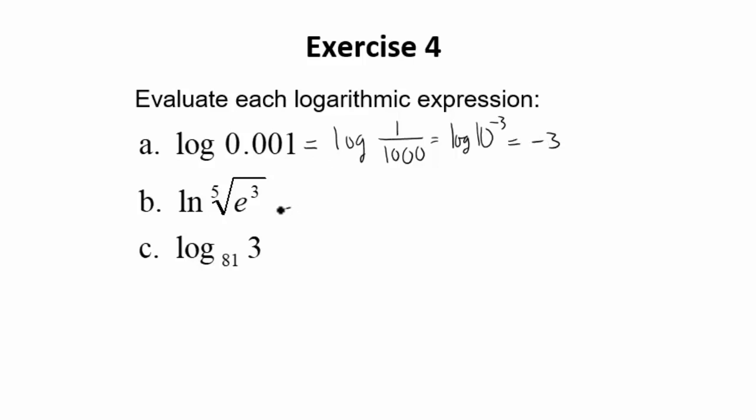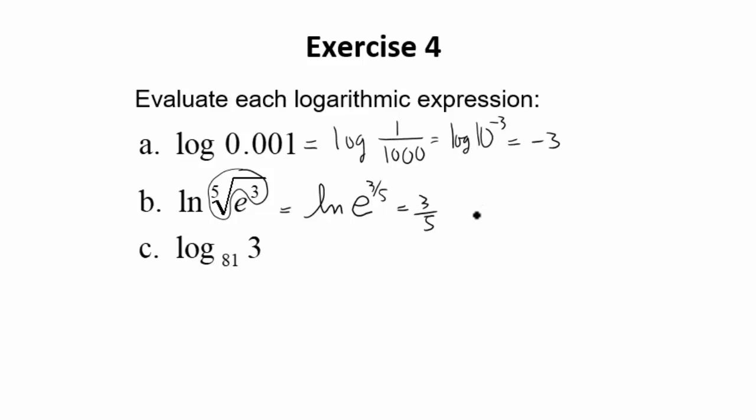Now here, it's a bit tricky, but it will work out. You write this as the natural log of e raised to the what? Write this in exponential form, 3/5. And remember, whenever you have the natural log of e to the something, this drops and your answer is just 3/5.